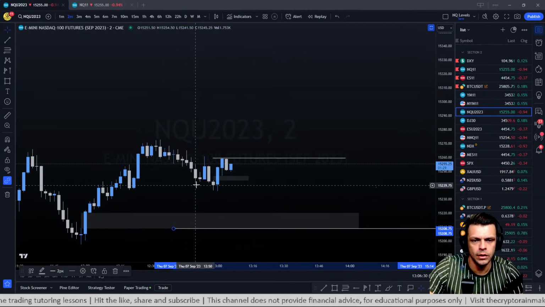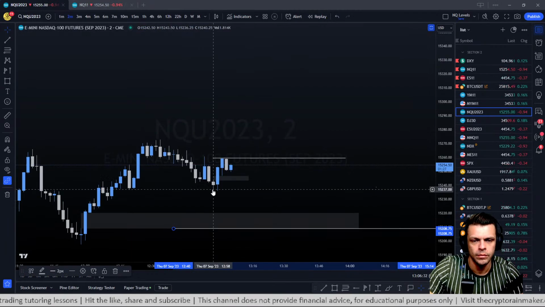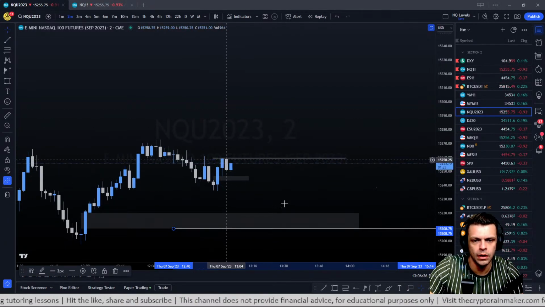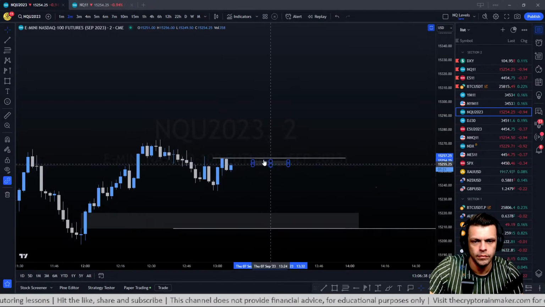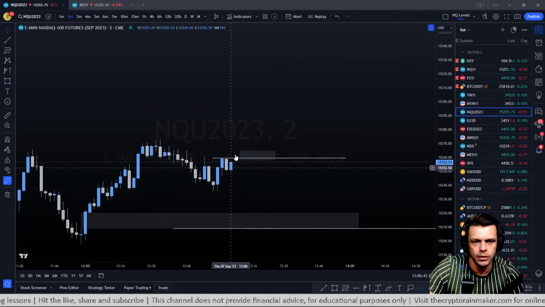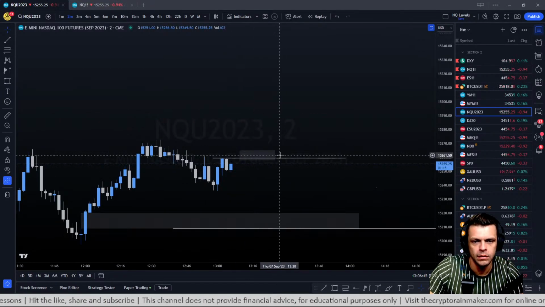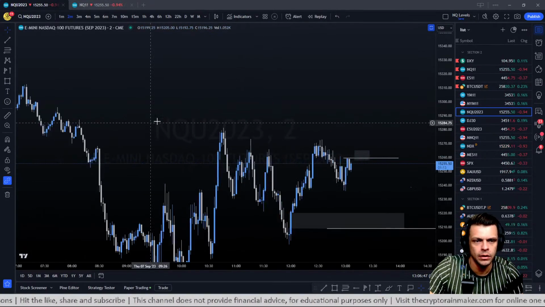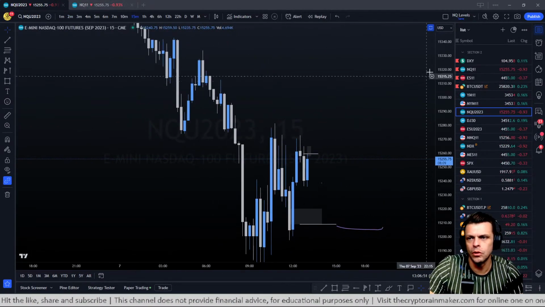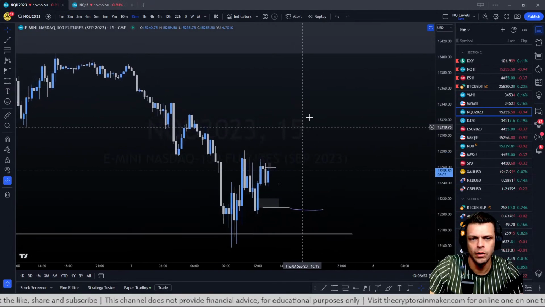So this is the setup. Low, took out the low. Now we just need to get an aggressive move above this high. So maybe the fair value gap will kind of be right there. Displaces up, comes back, right at the upside. Just look at some good targets for if we get the long entry.